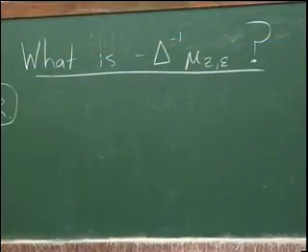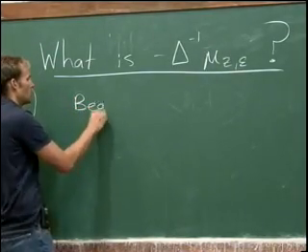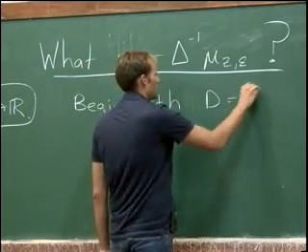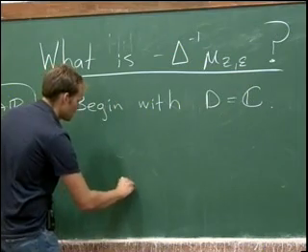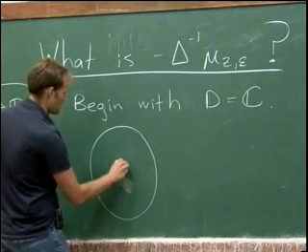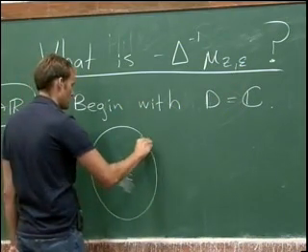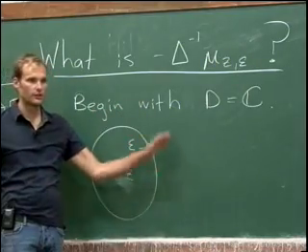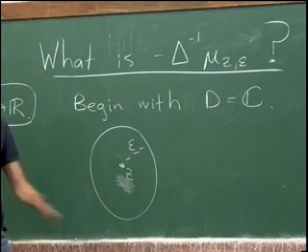So you begin with the domain C. Then you have your point Z, and you have your ball of radius epsilon. Basically you're putting a uniform charge distribution on the circle, and you ask, what's the potential corresponding to that in the full plane?